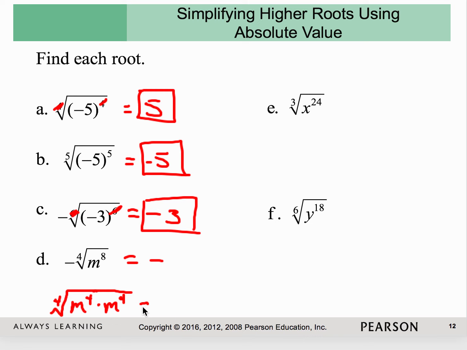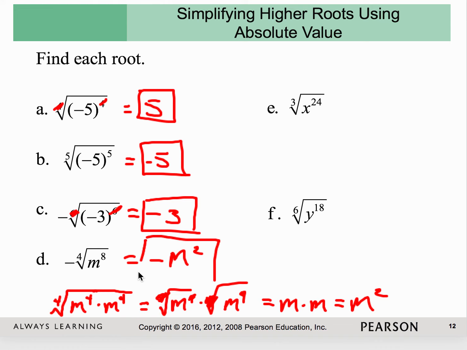And then we remember what we said, as long as everything's being multiplied, I can separate each one into its own little radical. And when it's written like this, these just completely cancel out. Whoops. So this would be m times m, or m squared.